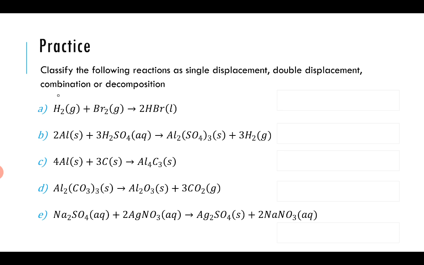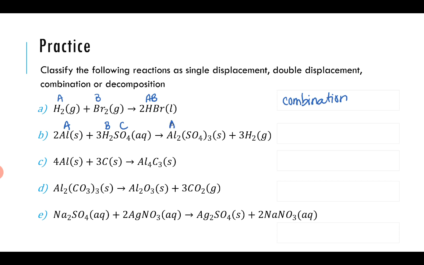Okay, so for our first one, we have two separate chemical species becoming one. And so that is a combination reaction. Next up, we have aluminum, hydrogen, and sulfate.